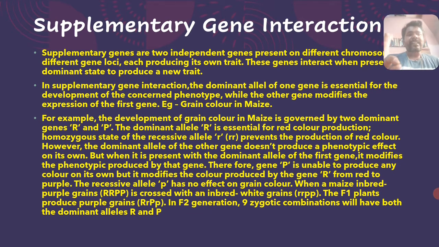The homozygous state of the recessive allele, small rr, prevents the production of red color. Even if capital R is present, red color is prevented by the presence of small r.